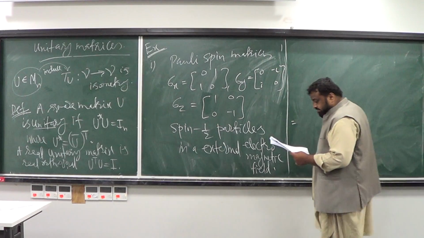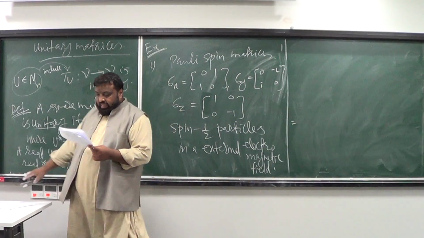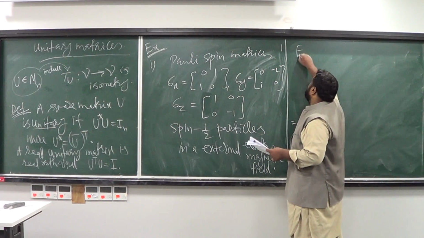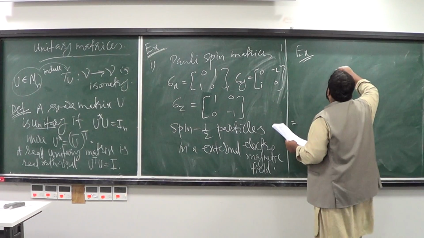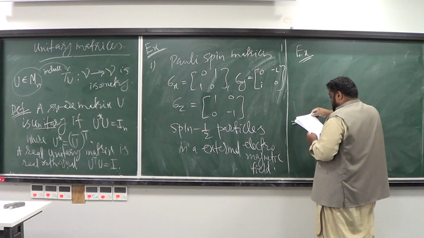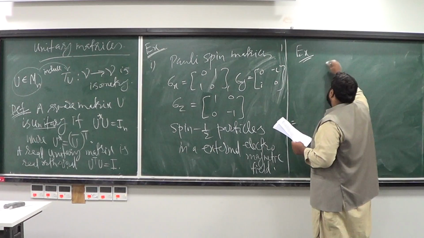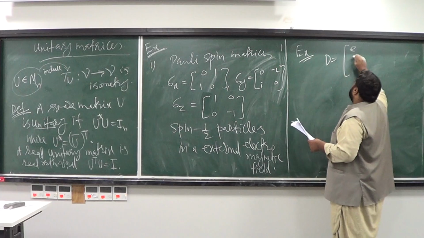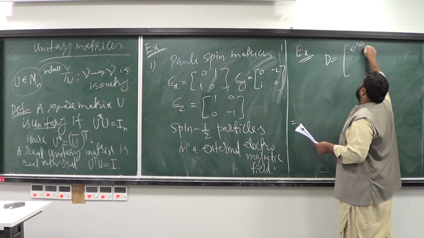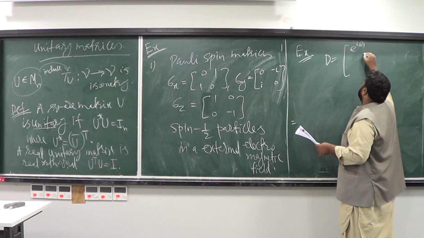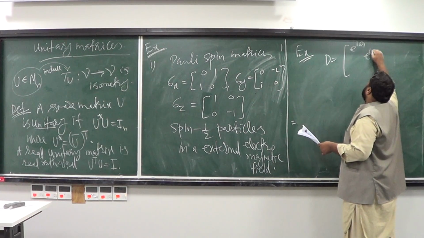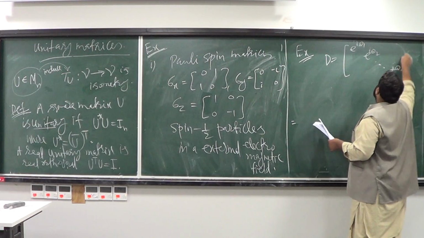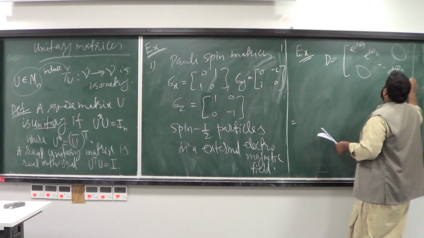Another example could be a diagonal matrix in which you have e to the iota theta 1, e to the iota theta 2, up to e to the iota theta n on the diagonal, and the rest are 0.